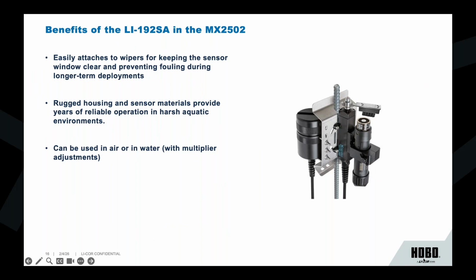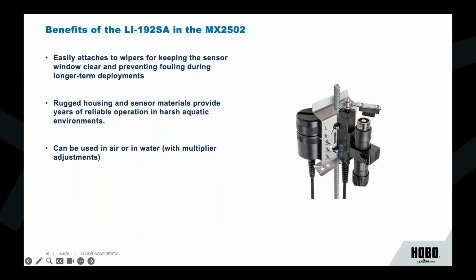That's always entertaining. But the benefit of using the LI-192 in the MX2502 is that we can use a wiper to keep the sensor window clear, and that means that the cosine correction works as well as possible. Without a wiper and taking care of biofouling, then the cosine correction may not work as well.